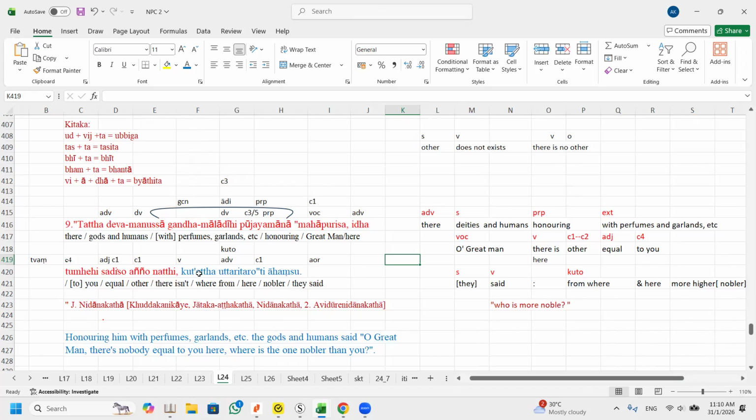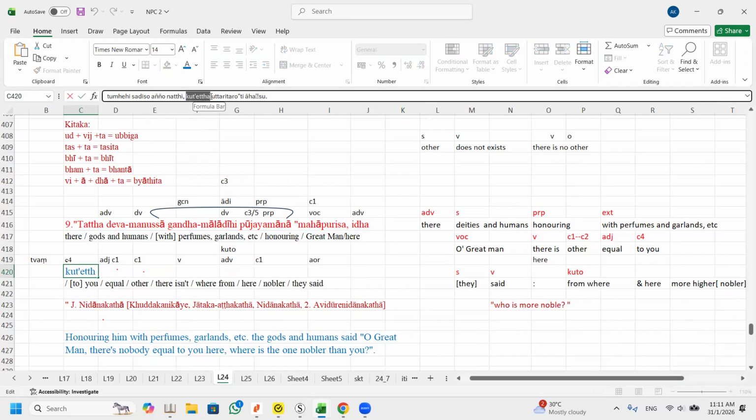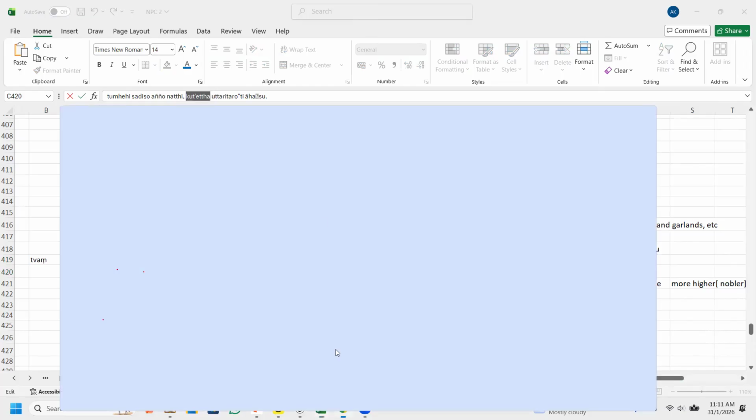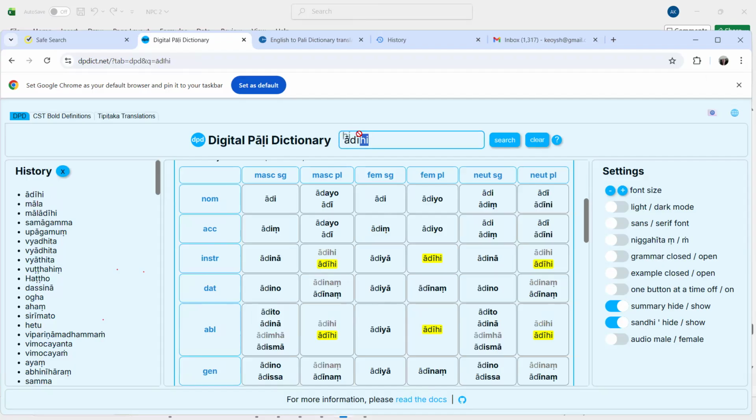When you break this, if you look into the sutta, most likely this word is kuto, from where. And then eta. So how are you going to do the eta? Perhaps you don't know the meaning of eta. You just have to go into the dictionary and confirm what this is. Then you put it into the respective place and figure out how your line should be.